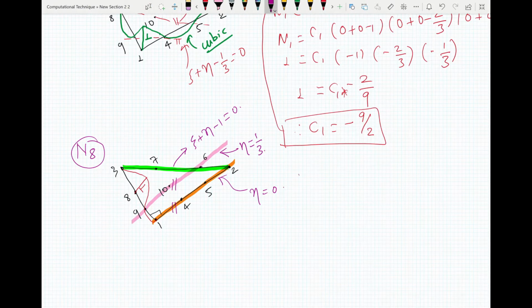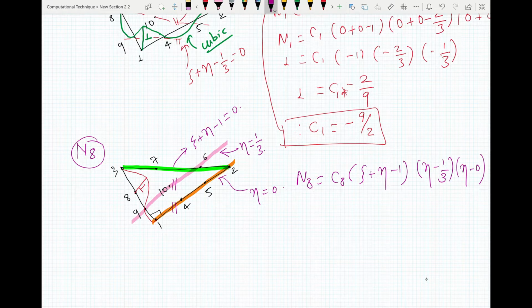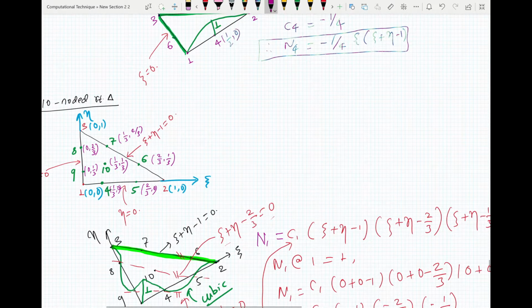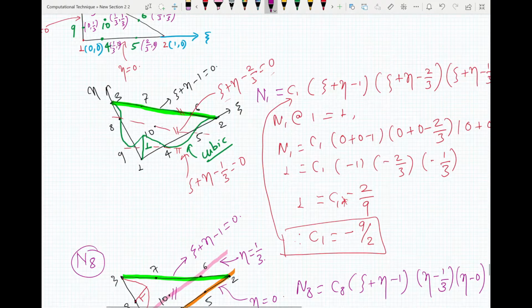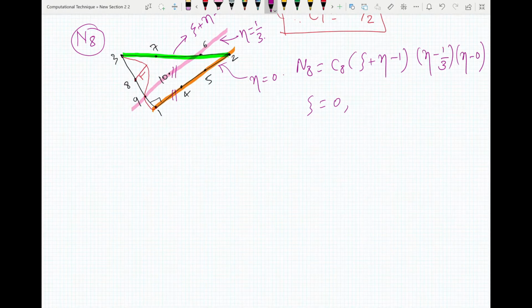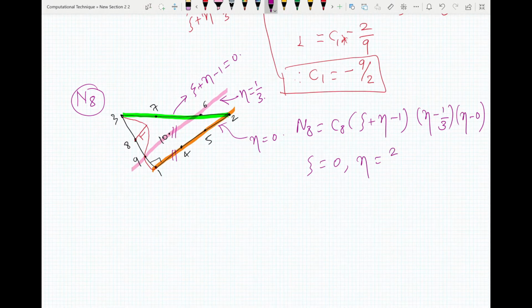Therefore N8 will be equal to C8 times xi plus eta minus 1, then eta minus 1 by 3, and then eta minus 0. Then you can put in the value of xi for node 8. That's 0 and 2 by 3, so xi equals 0 and eta equals 2 by 3.